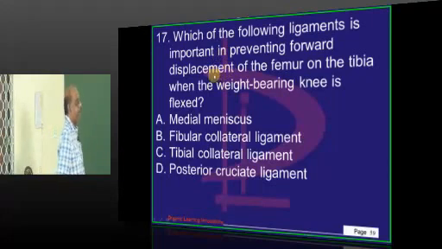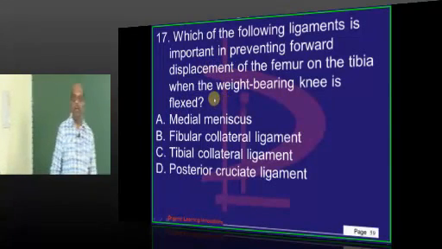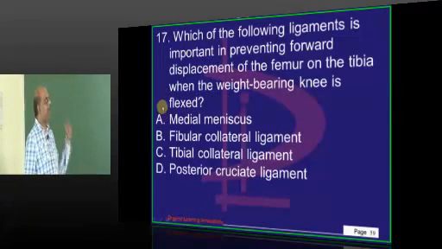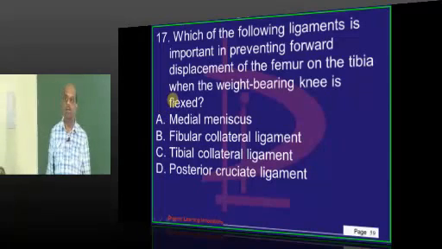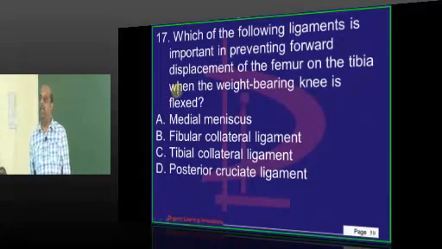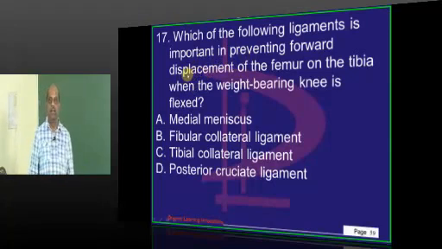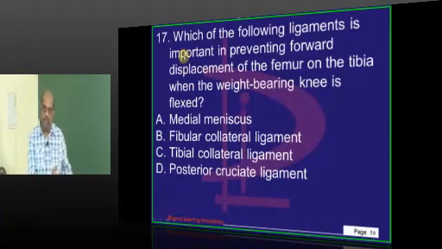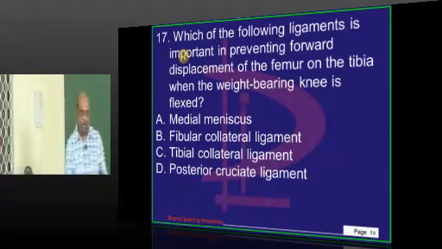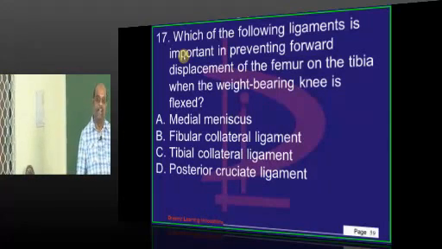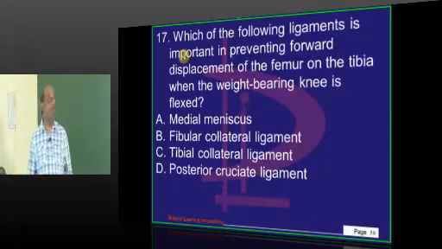Now, which ligament is important in preventing the forward displacement of the femur on the tibia whenever the weight bearing knee is being flexed? Accordingly we have the anterior drawer test and posterior drawer test in orthopedics, no? So this is the basis.